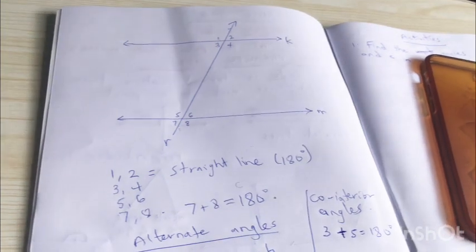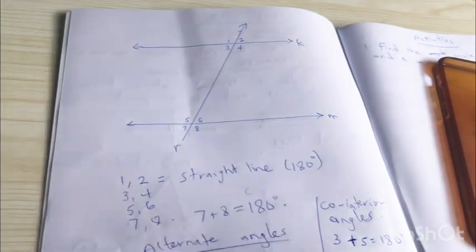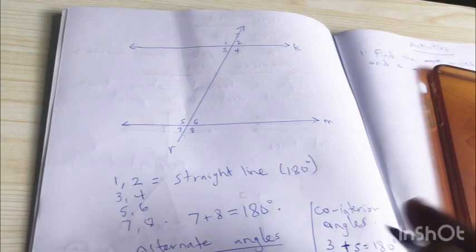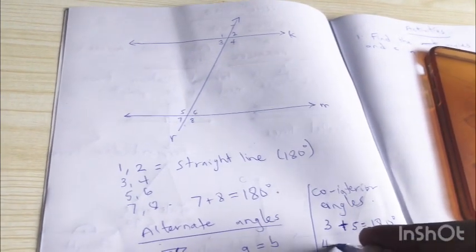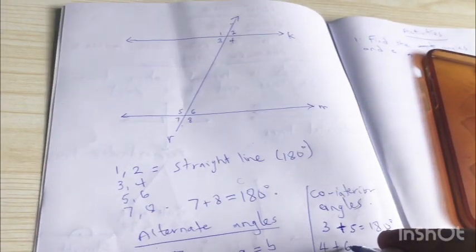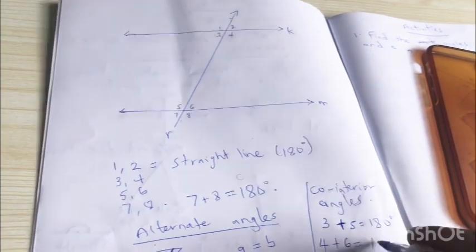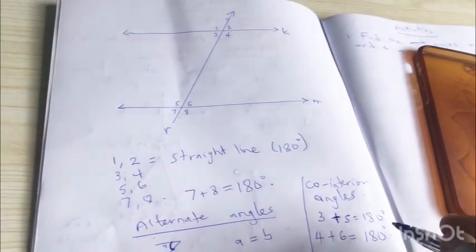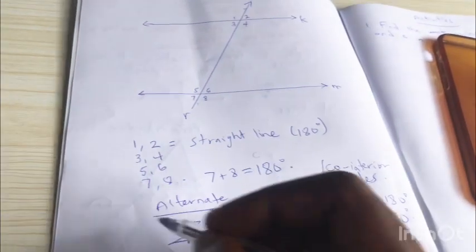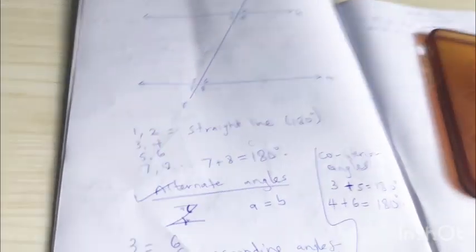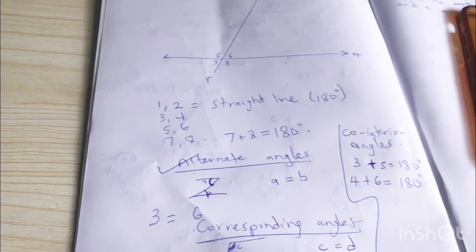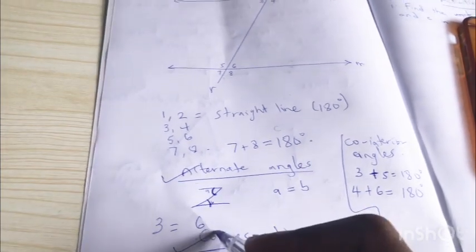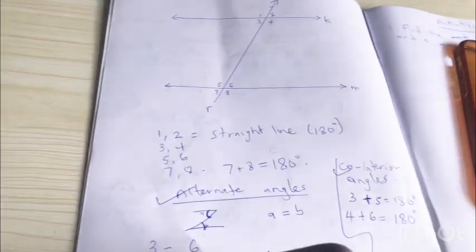How would you say that 4 and 6 too as well? They are co-interior, okay. So 4 plus 6 is also equal to 180 degrees. And these are the 3 main properties we have explored: alternate, co-interior, and corresponding.